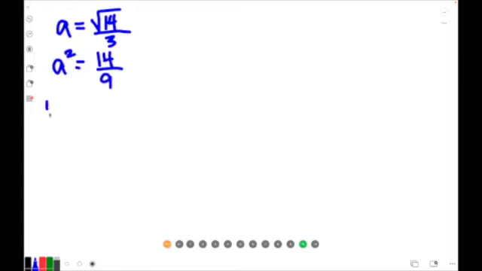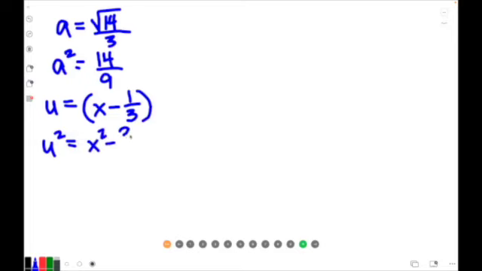We also have u, which is equal to x minus 1 third, and our u squared of course is x squared minus 2 third x plus 1/9. So for the derivative of u, the derivative of x is 1, the derivative of 1 third is none or 0. So this will just be equal to dx.